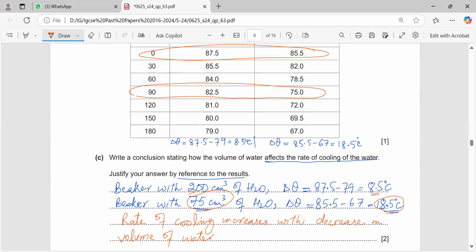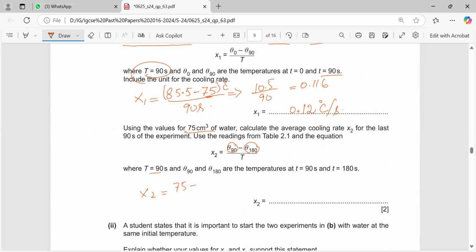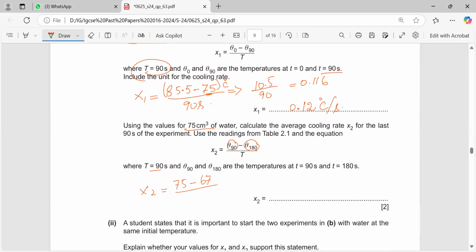And theta 180, see this is 67. 75 minus 67, 8 divided by 90, 0.0888. So let it be 0.089 degrees Celsius per second.